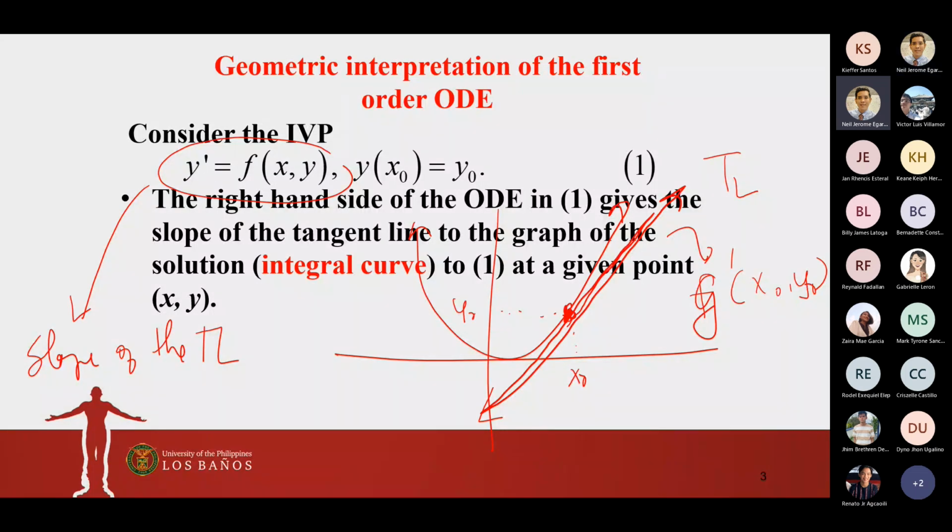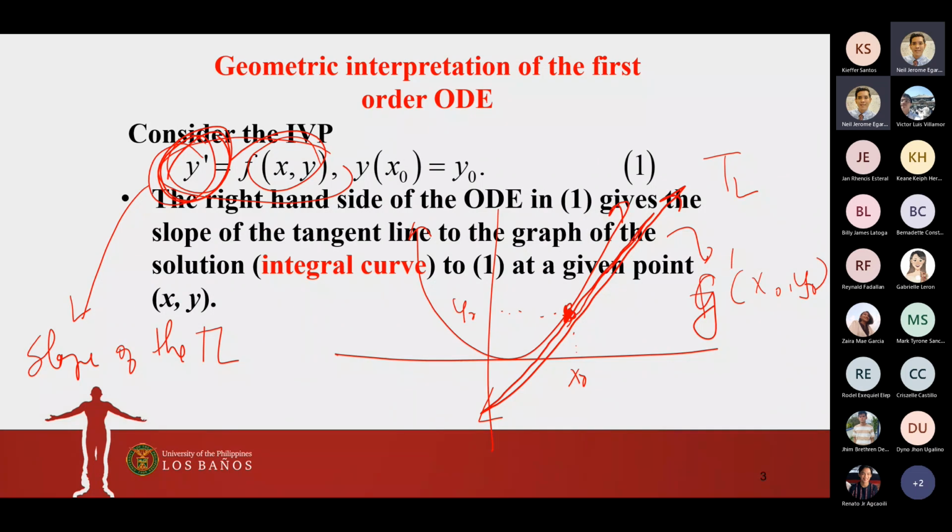Now, kung meron kang IVP, ibig sabihin yung derivative ni y nung solution, right? So yung solution curve natin ay y equals g of x. Ang sinasabi nitong IVP na to, ang derivative ni y ay equal doon sa right-hand side f of x, y.